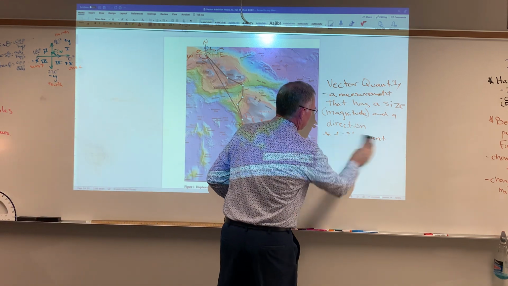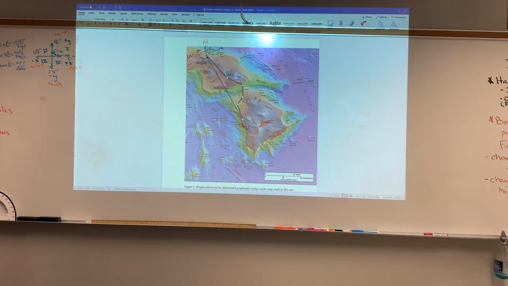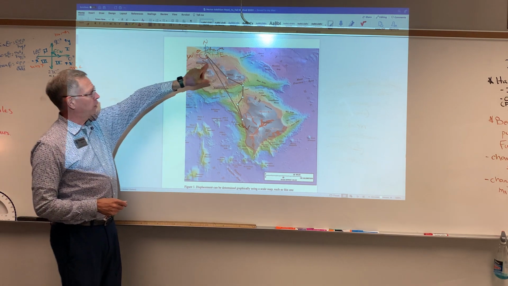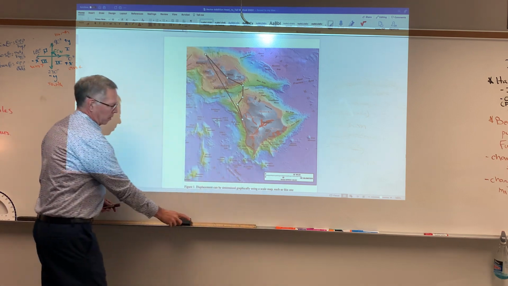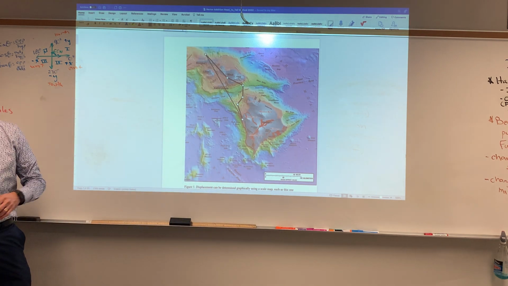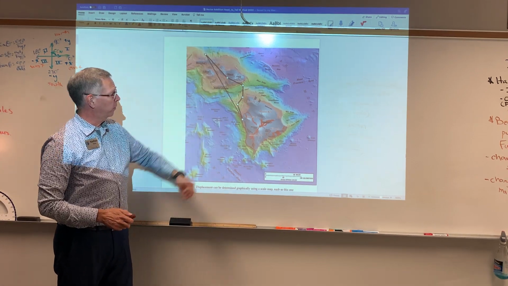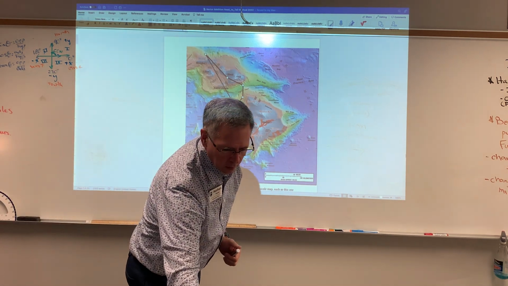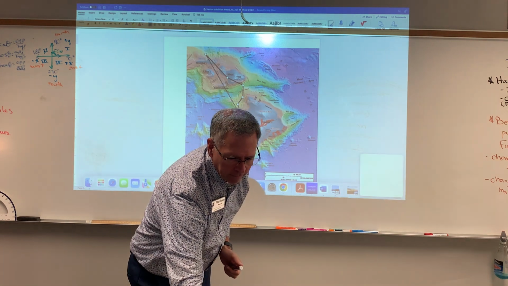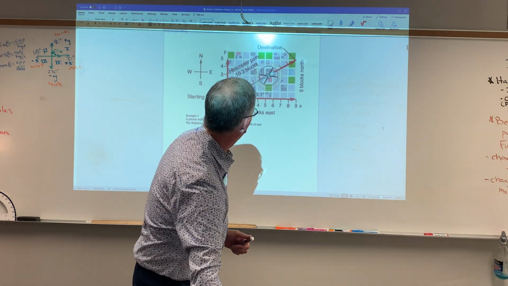So what we're going to do is look at, well, if you have more than one vector, we're going to add them together. So how do you add vectors together, taking into account the size and the direction of those vectors? Okay. So, all right.